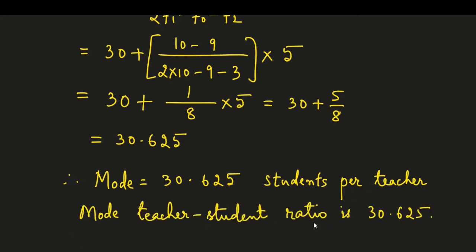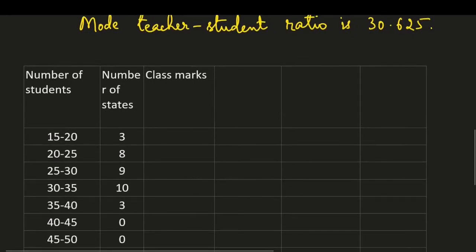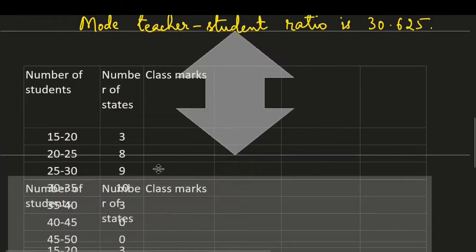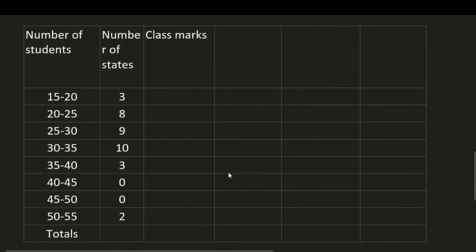Now let us find the mean. Here number of students is the class interval. Number of states is frequency. Now let us find class marks, xi values.